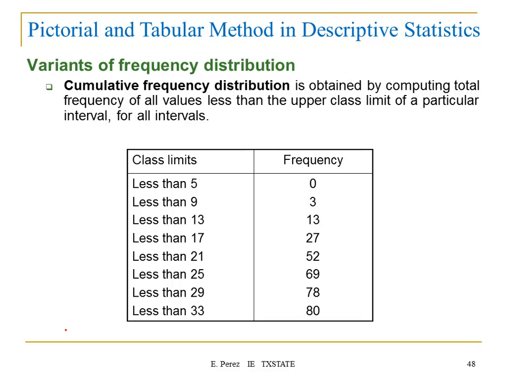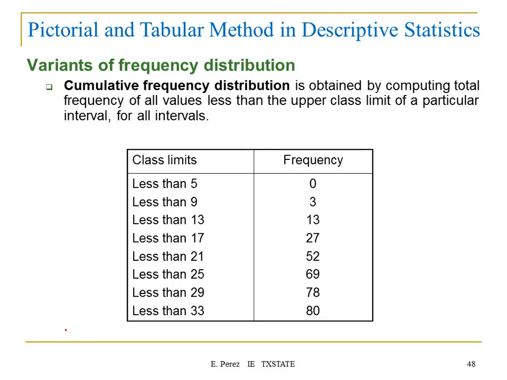Okay, so this is a different representation. And later in this class, we're going to talk about what a PDF, or probability density function, is, and what a CDF, a cumulative probability distribution, is. The idea or difference between these two types of distributions is this. In one, we look at the cumulative value. In the other one, we look only at the units that are within a certain limit.